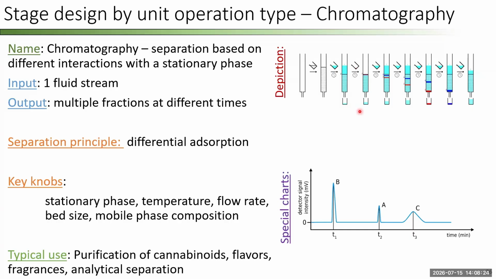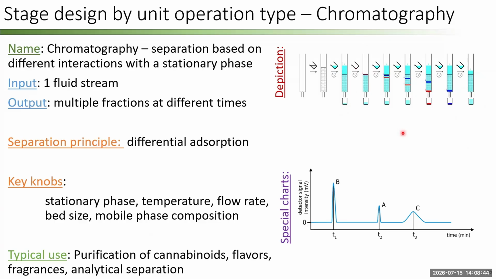This phase composition, and temperature, can of course be changed over time because this is a batch process, not continuous. I've only loaded my material in there once. So I can change over time to get things to move faster or slower.